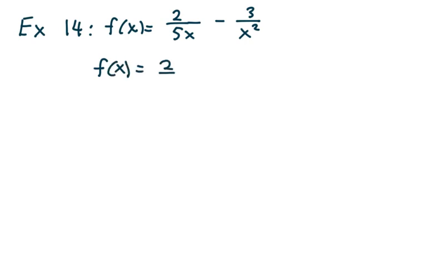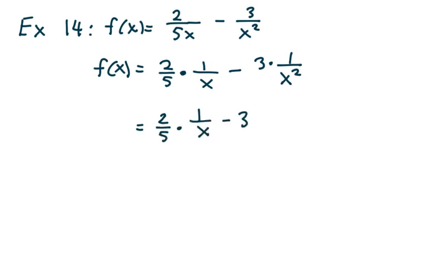So I get 2 over 5 times 1 over x, and then I'm going to go minus 3 times 1 over x squared. And so this is 2 over 5 times 1 over x minus 3 times x to the negative 2.